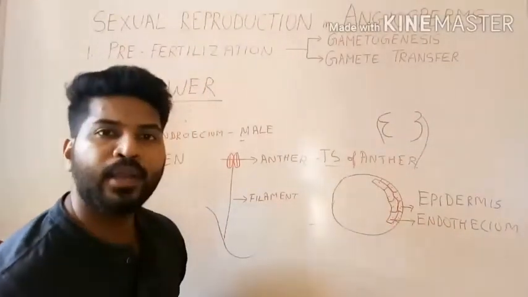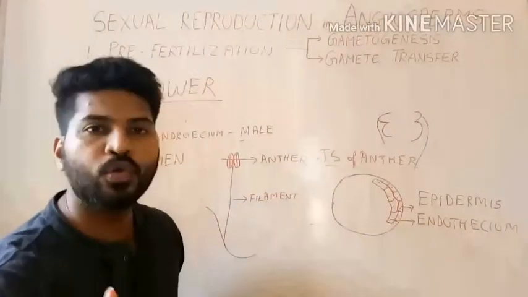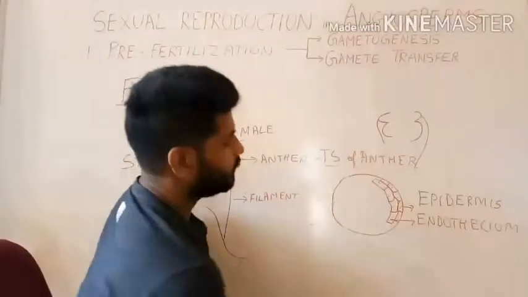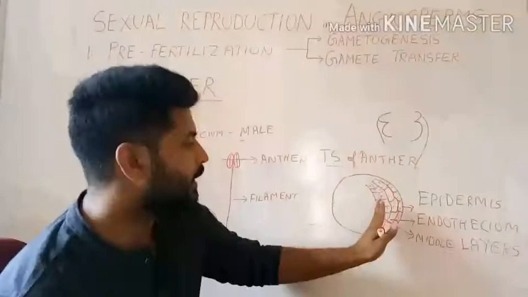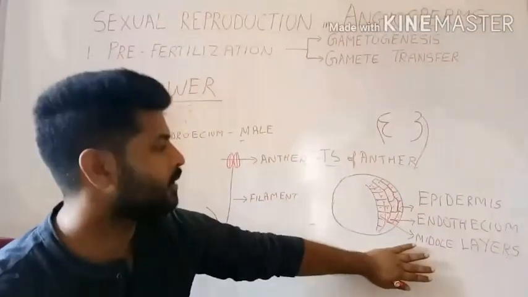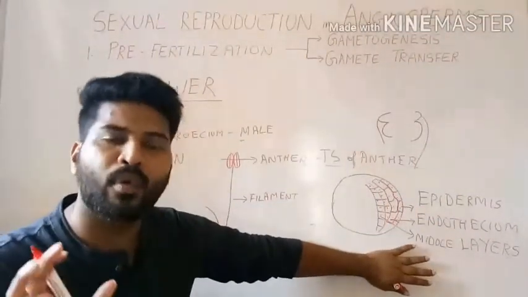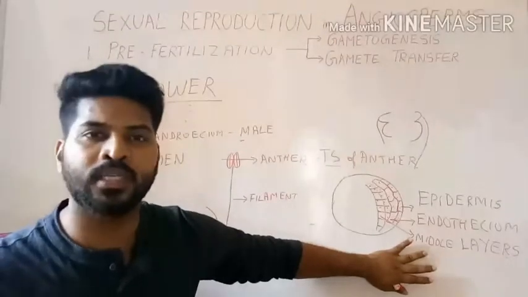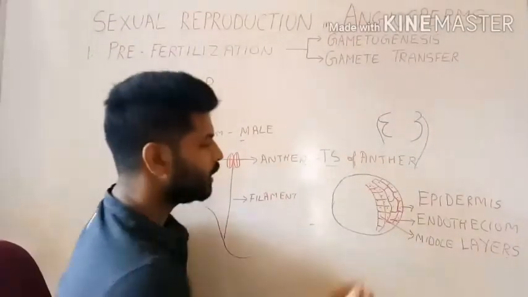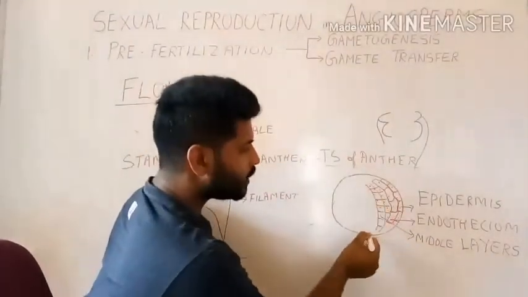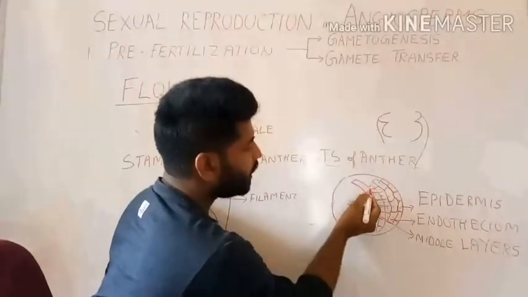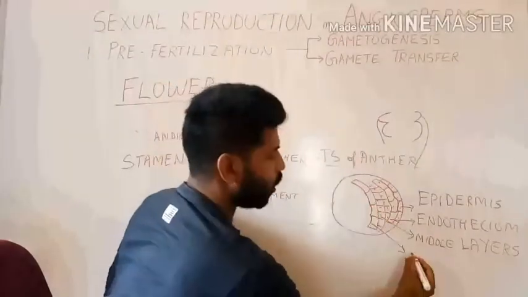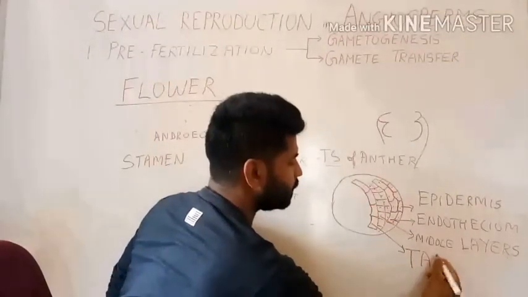Innermost to the endothecium layer, there are 2 to 3 layered cells called the middle layers. The middle layers can have some amount of nutrition, but mostly they are protective in function. Inside the middle layer, we have a specialized layer of cells called the tapetum.